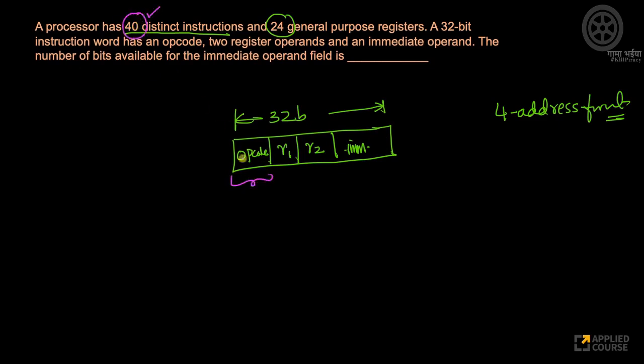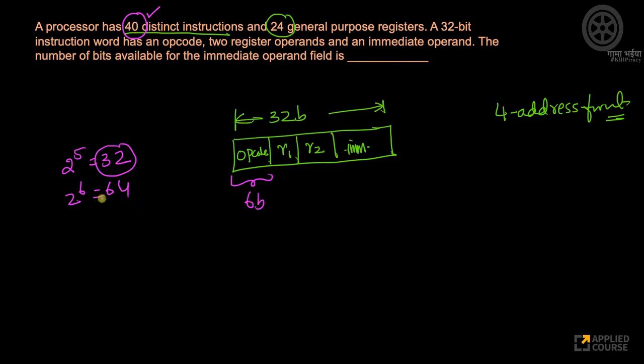For 40 instructions, how many bits do I need? 2 power 5 is 32. 2 power 6 is 64. If I have only 5 bits, I can only represent 32 instructions. But I want to represent 40 instructions, so I need 6 bits mandatorily.